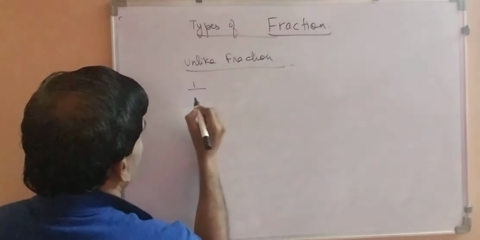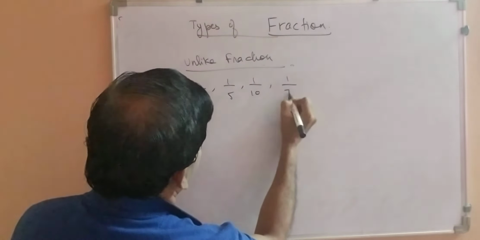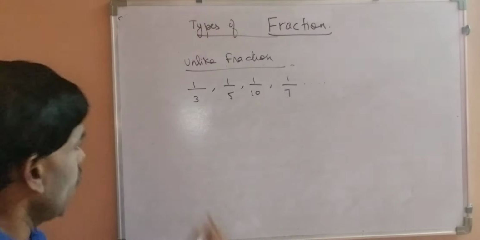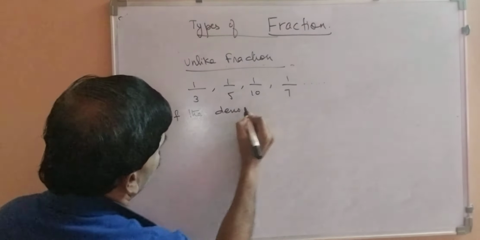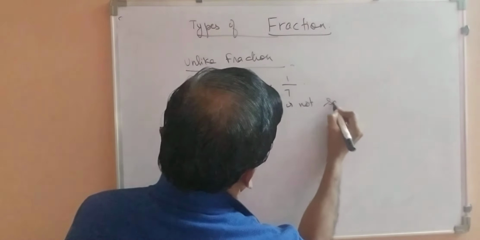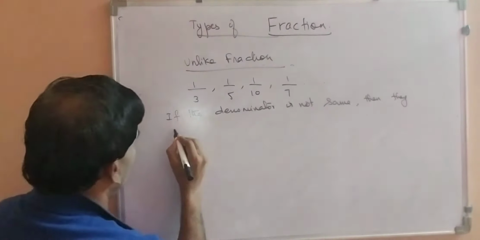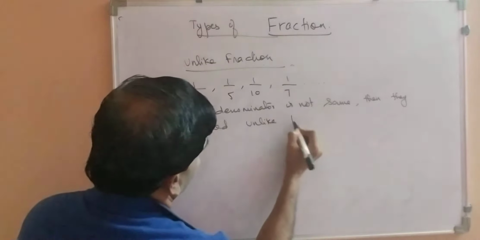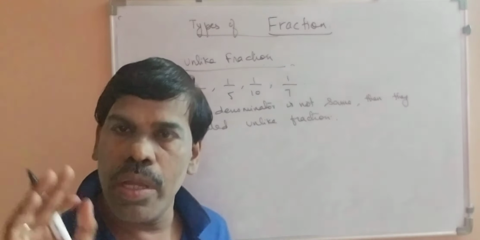For example, 1/3, 1/5, 1/10, 1/7, etc. If the denominator is not the same, then they are called unlike fractions. If the denominator is the same, they are called like fractions.